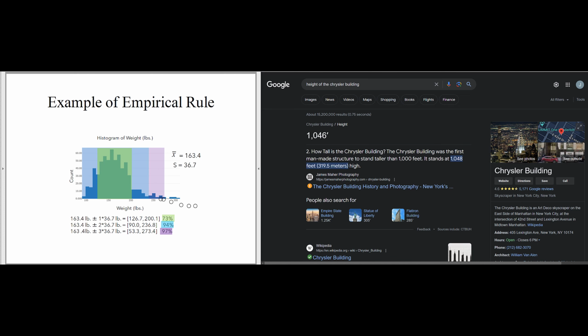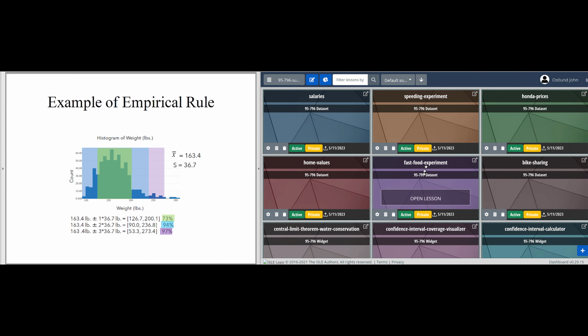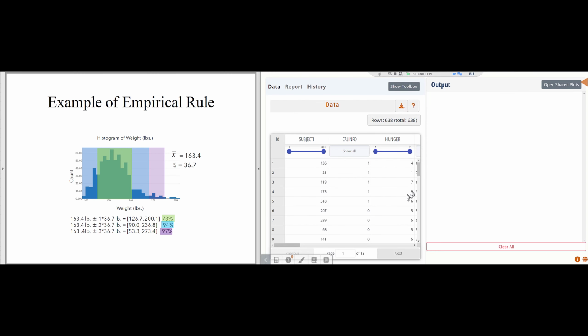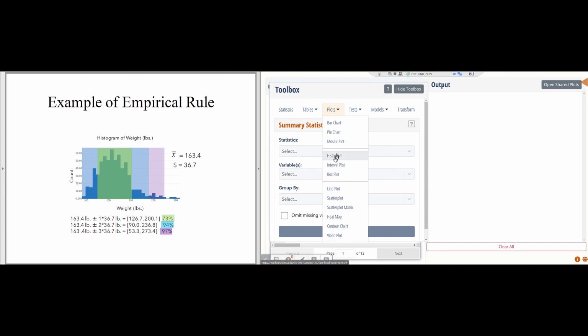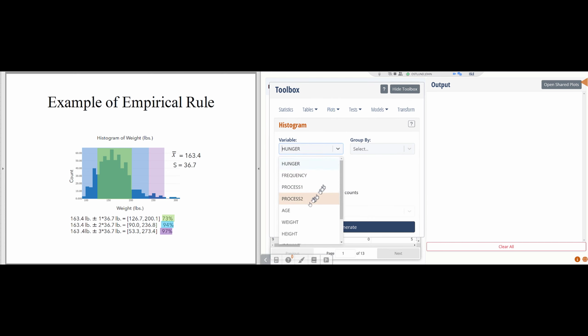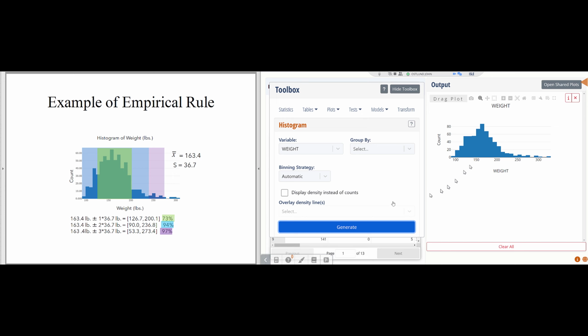So here, if we look at our histogram of people's weights for our fast food experiment, okay, I want to see a plot of the histogram of the weights of our people. Here we go. We can compute what the mean is, and we can compute what the sample standard deviation is.